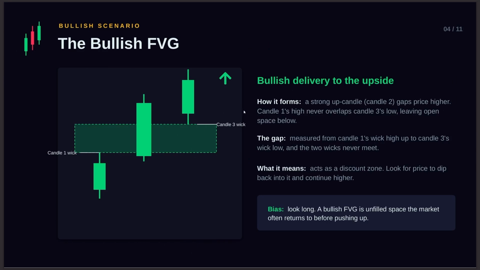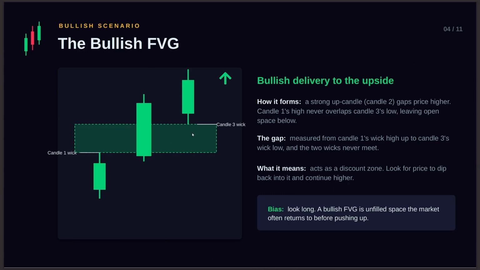With a bullish delivery to the upside, it usually forms when a strong up candle, which is candle 2, gaps price higher. Candle 1's high never overlaps, so you see these 2 wicks don't overlap on top of each other.